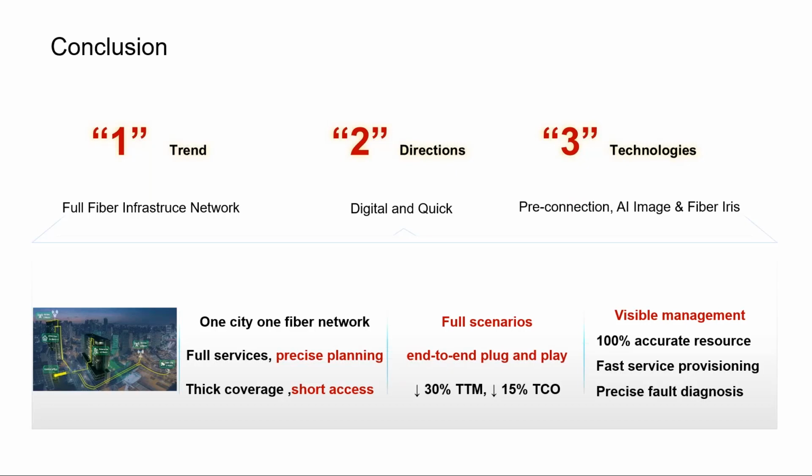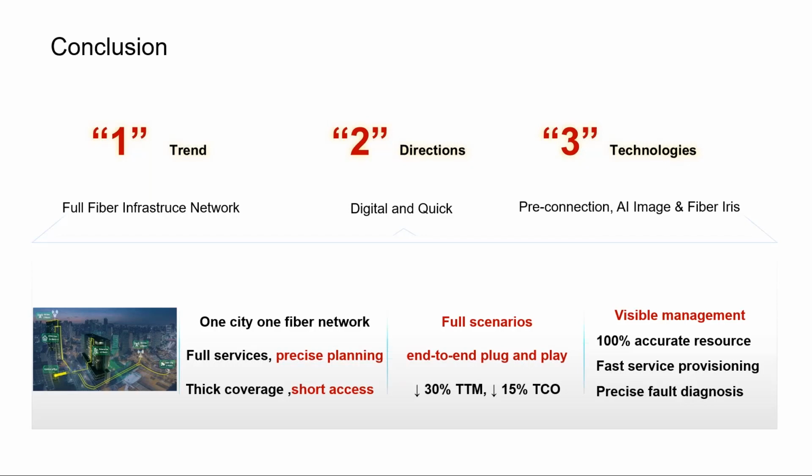Back to the conclusion. In this webinar, we talked about one trend, full fiber infrastructure network; two directions, digital and quick; three technologies, pre-connections, AI image, and fiber areas. We can conclude: one city, one fiber network. Fiber can provide multiple services.